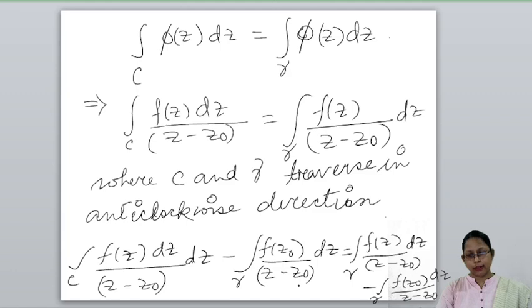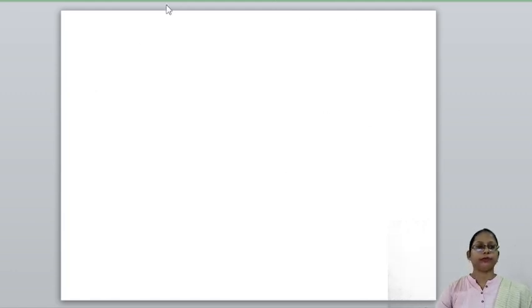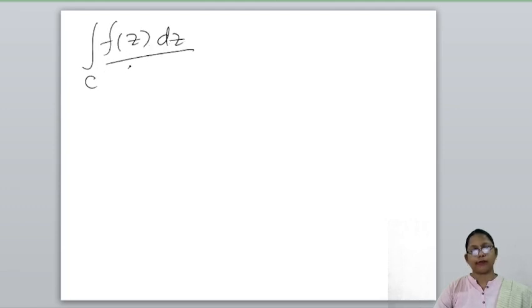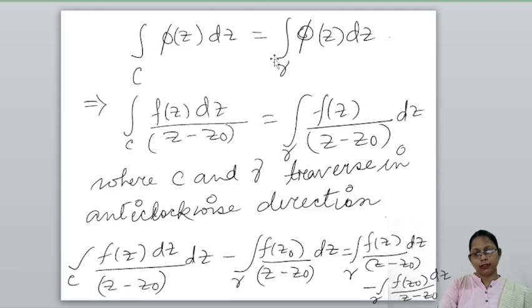In the next line, take the integral common. We can take f(z naught) outside the integral sign as the integral is with respect to dz.